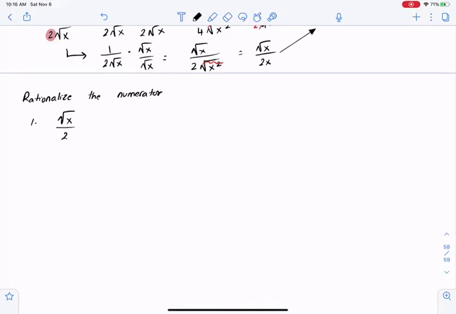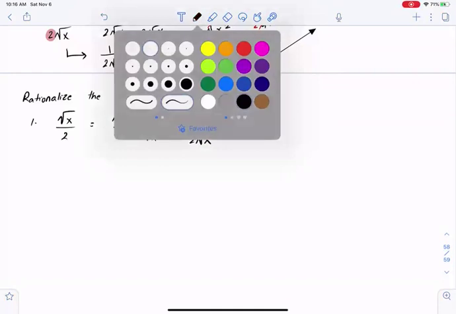All I have to do is multiply and divide by the numerator term. So in the numerator, x times x will be x squared, divided by 2 root x. The root and the square will get cancelled.